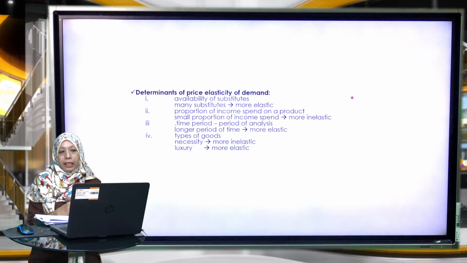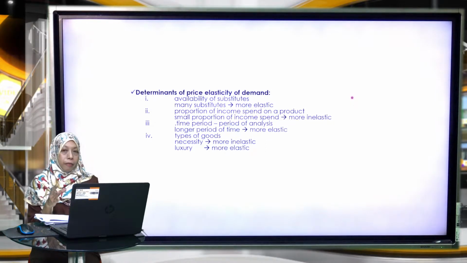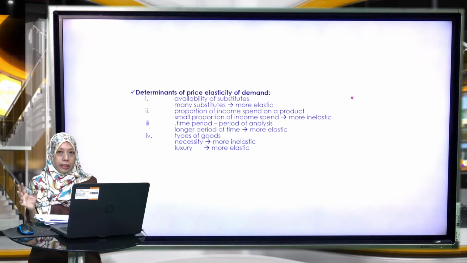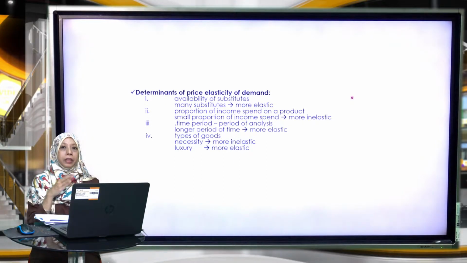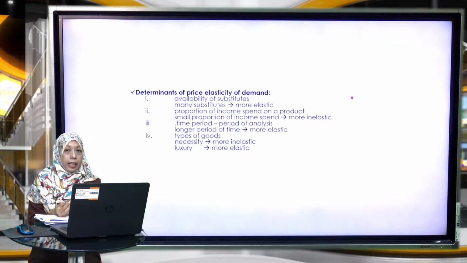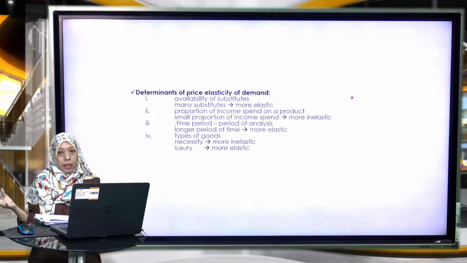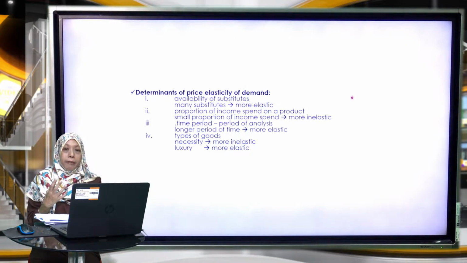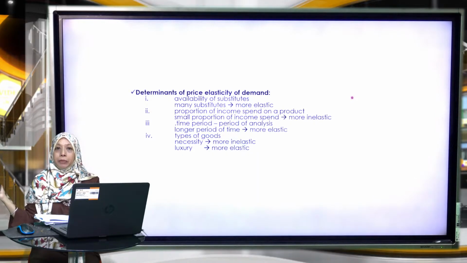Let's say you are using detergent of brand X, and in the market there are so many other brands of detergent ranging from brand A up till brand K. Now if after some time using detergent X, the price of detergent X suddenly increases, because there are a lot of other detergents in the market, you wouldn't have any problems substituting detergent X with other types of detergent.